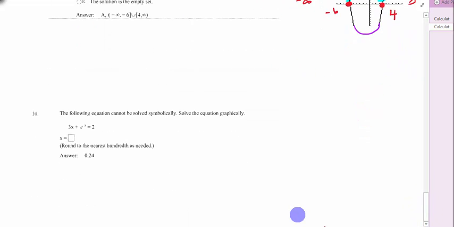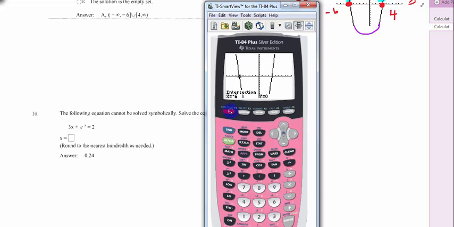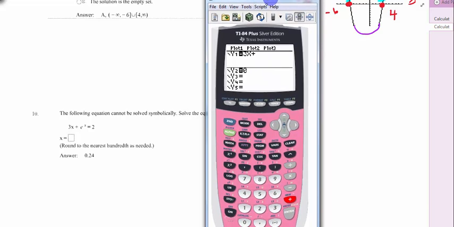Number 10. Let's go to y equals, and let's clear this out, and let's put 3x plus, and you may or may not know where e is. Above the ln key right here is e to the x. So we'll do second ln, and we have e to the, and we'll put x there.